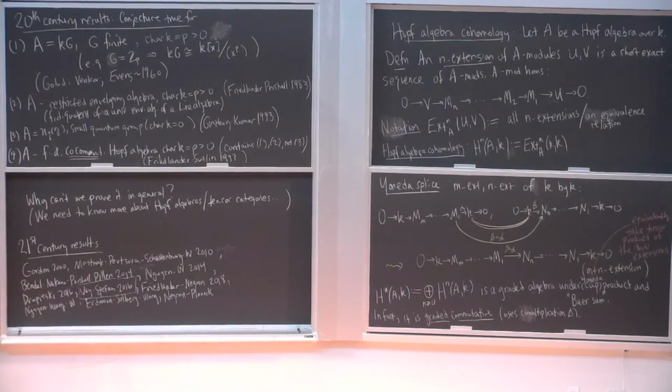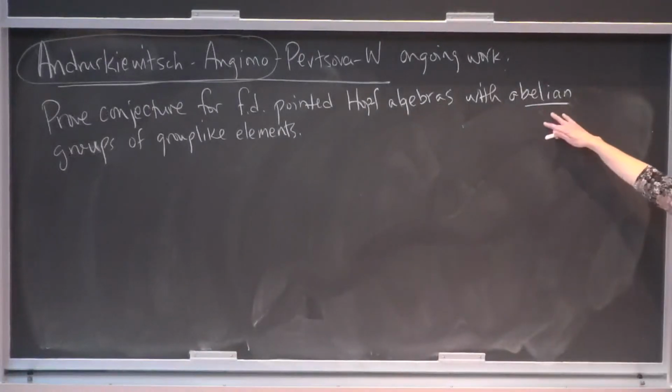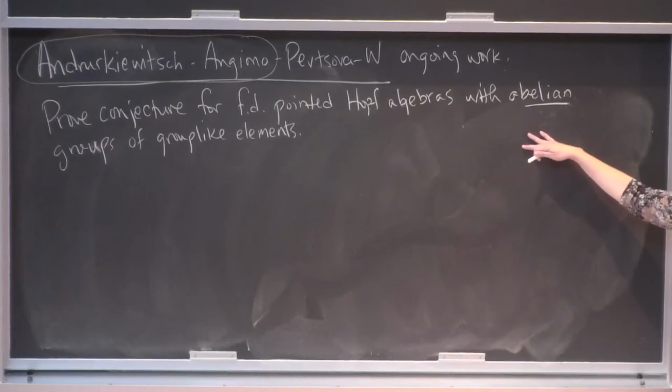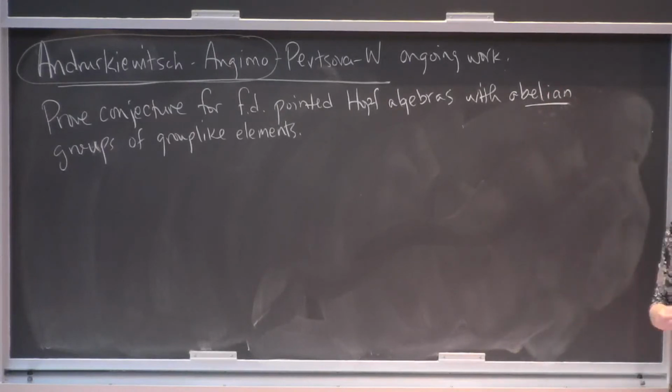And I should say that Nicolas and Iván have done a lot of work on classifying these pointed Hopf algebras. And we rely very heavily on the classification results, the structure of these pointed Hopf algebras, in understanding the cohomology. So we're really using that.